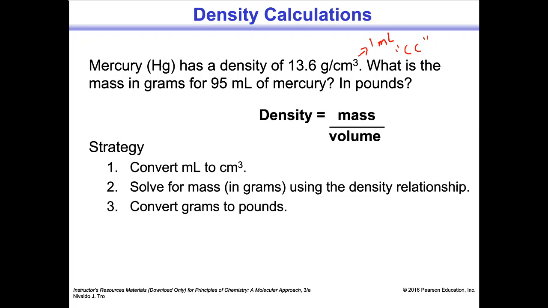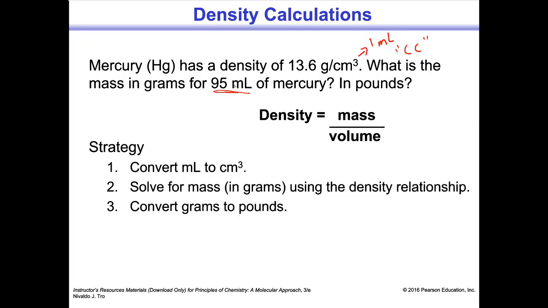We want to know what is the mass in grams for 95 milliliters of mercury, and it also wants to know the mass in pounds. So we have a density. The first thing we want to do is convert from milliliters to centimeters cubed, because we have 95 milliliters, but our unit for density is in centimeters cubed.